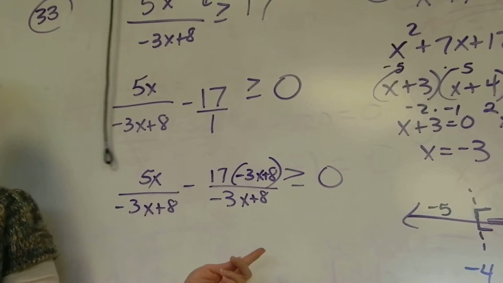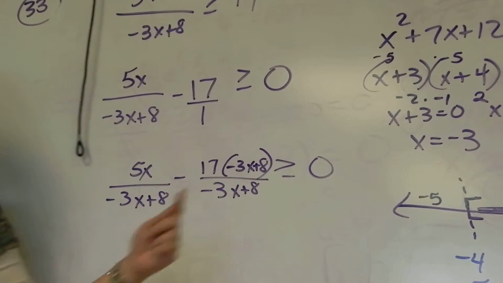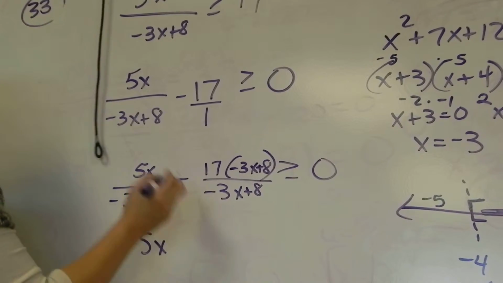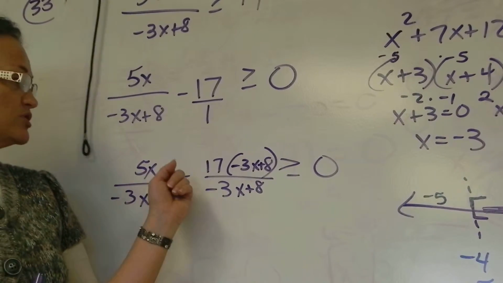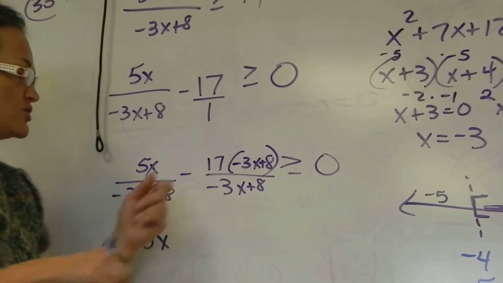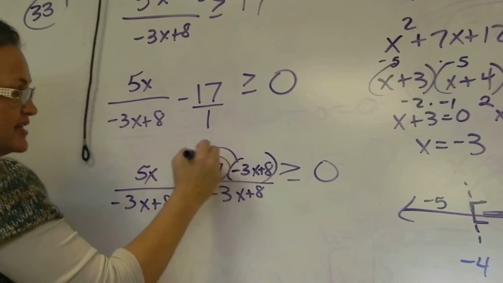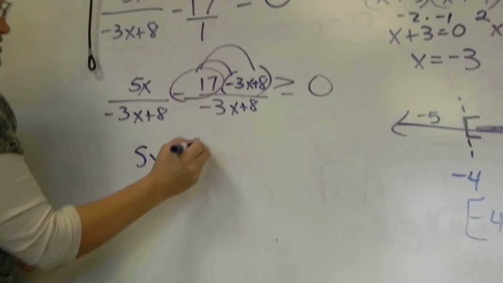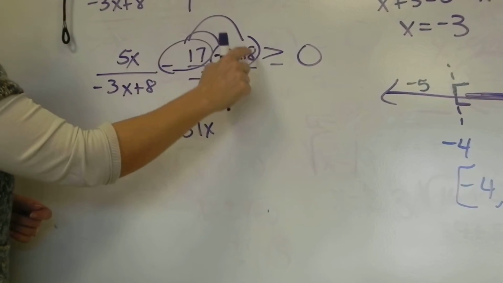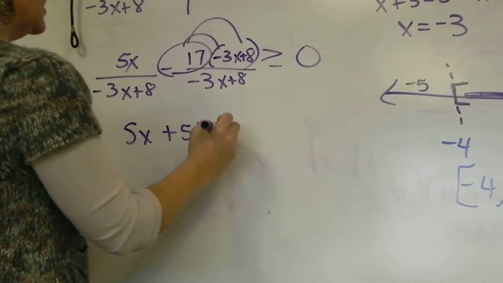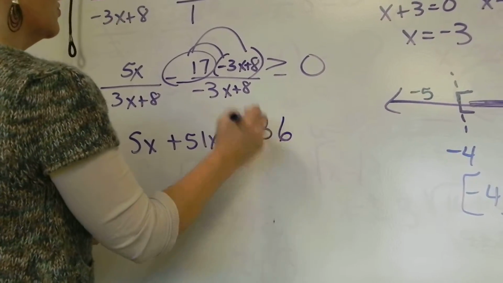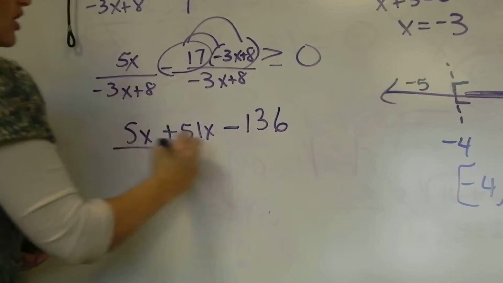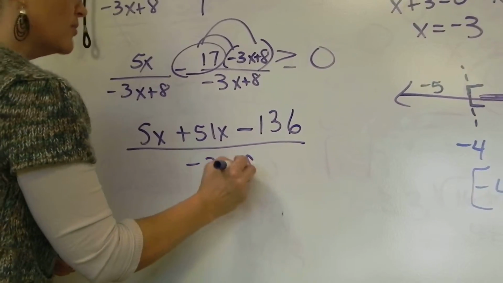Now that I have like denominators, I'm allowed to combine across the numerator. So 5x. Now listen, don't forget to pick up your subtraction sign. It'll mess up your whole answer if you don't. -17 distributes, becomes plus 51x, and -17 times positive 8 is -136. All of that is over now that common denominator.